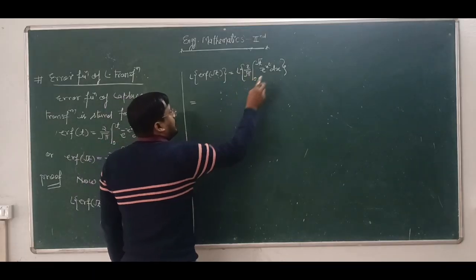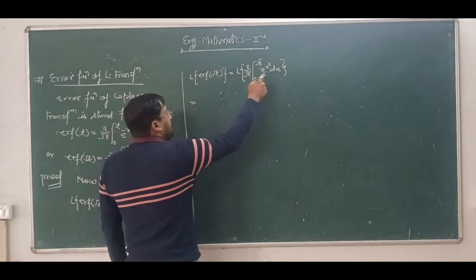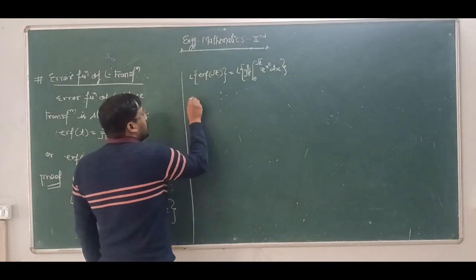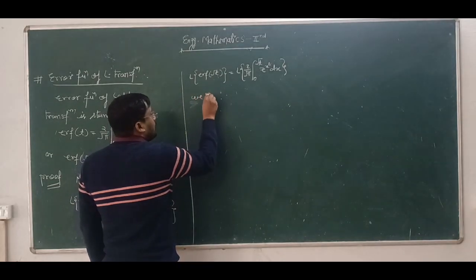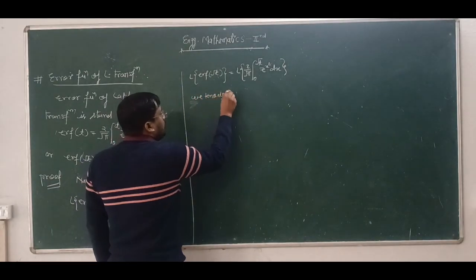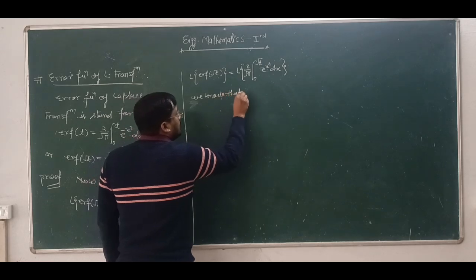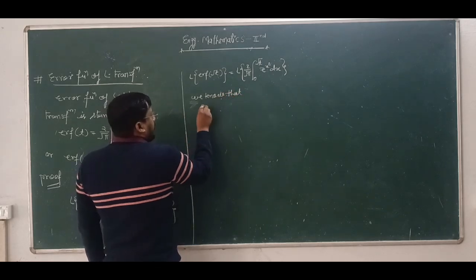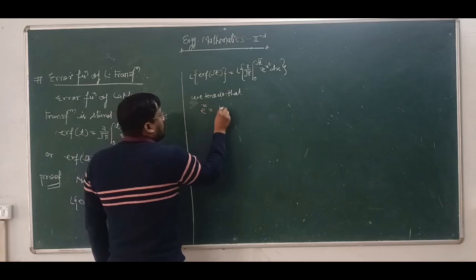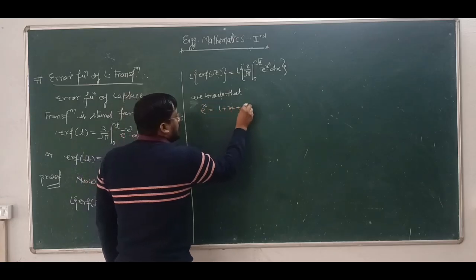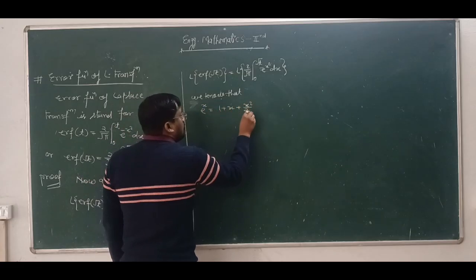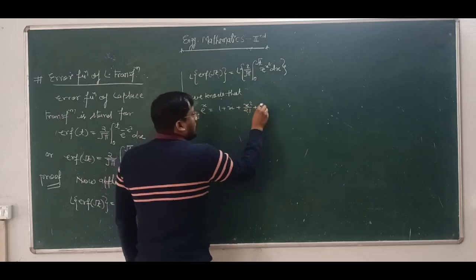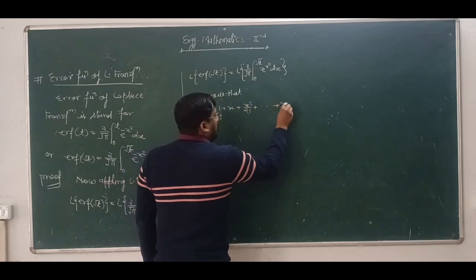Because we know that e to the power x is equal to 1 plus x plus x square upon factorial 2 plus dot dot plus x to the power n upon factorial n.